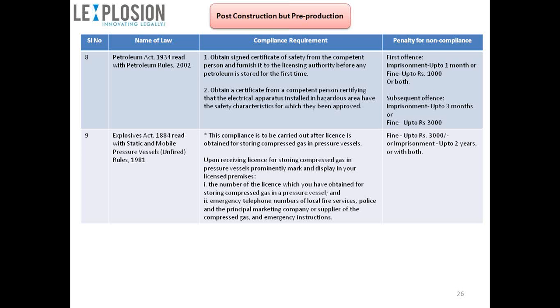There are certain compliances under the Bureau of Indian Standards Act, read with the Bureau of Indian Standards Certification Regulations and the Bureau of Indian Standards Rules. This compliance applies if a standard mark, as defined below, is used in any product. What is a standard mark? A standard mark means the Bureau of Indian Standards certification mark specified by the Bureau for a particular Indian Standard, and also includes any Indian Standards Institution certification mark specified by the Indian Standards Institution.